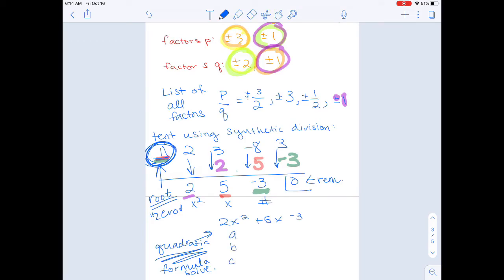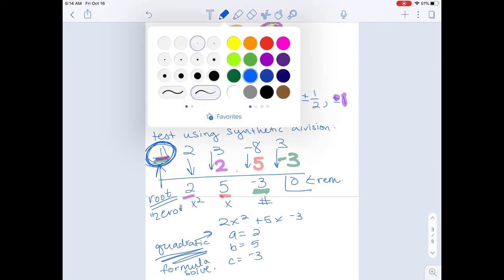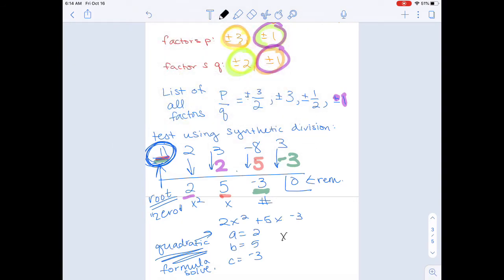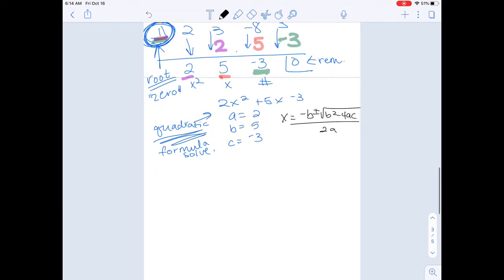So here's our quadratic formula. And remember, we're going to plug it into x equals negative b plus or minus square root b squared minus 4ac all over 2a. And we're going to plug it in. Negative b plus or minus the square root of b squared minus 4ac all over 2a.